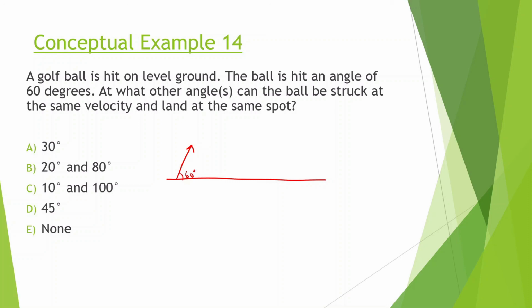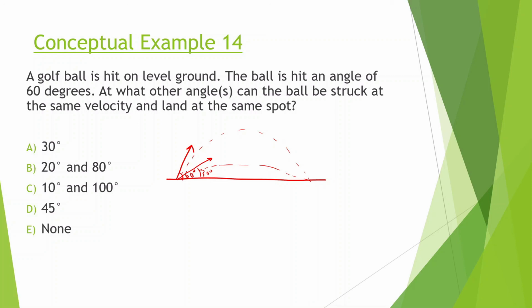At this point, we know it's going to travel something like that. There's a few ways to think about this, but the other angle is going to be 30 degrees. So at 30 degrees, it's also going to be landing at the same spot.